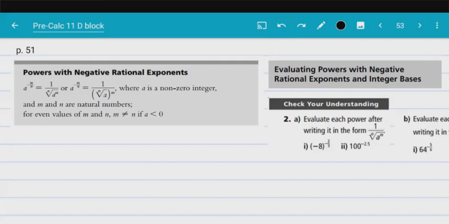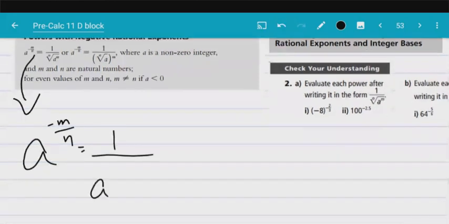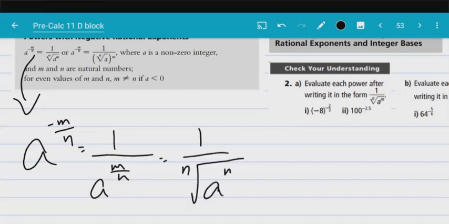Another way of writing this would be a to the negative m over n. A to the negative m over n is equal to 1 over a to the m over n, which makes it 1 over the nth root of a to the m.